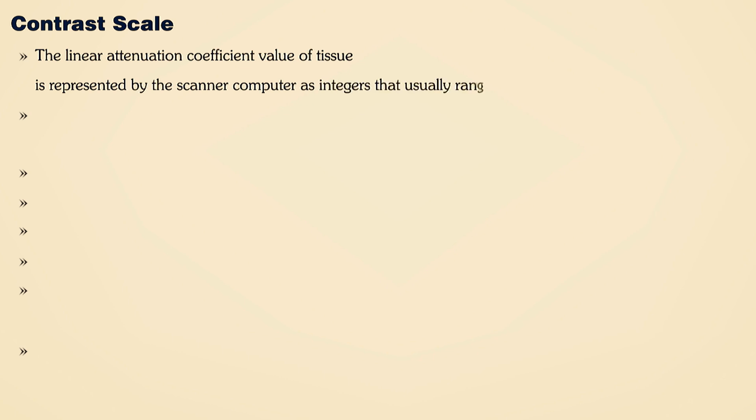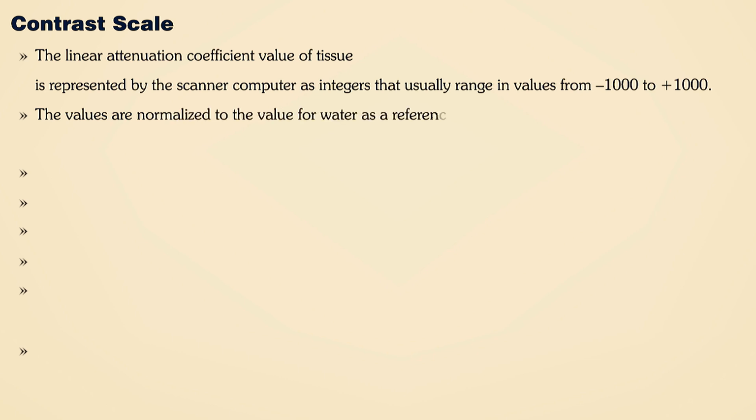We are going to see the contrast scale generally used to create CT images. The linear attenuation coefficient value of tissue is represented by the scanner computer as integers that usually range in values from minus 1000 to plus 1000.